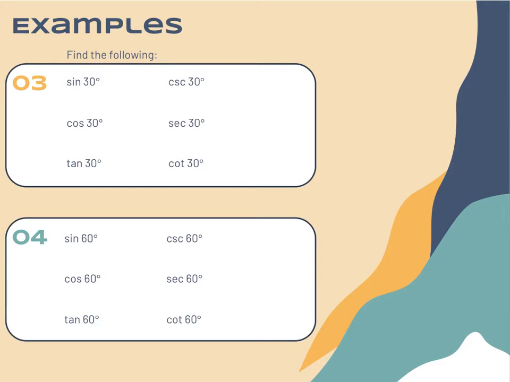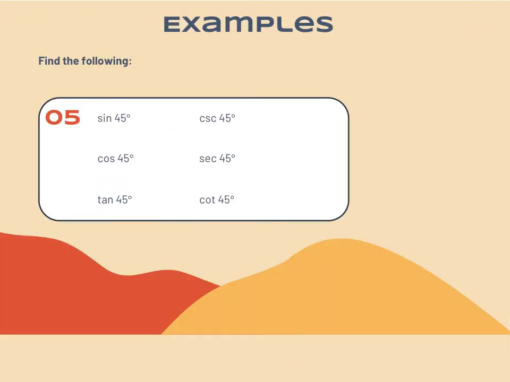This was from the 30, 60, 90. And then we did the same thing for the 45, 45, 90. Remember on Friday, I told you to memorize that tangent and cotangent when you're asked to do this problem. If I say cotangent of 45, always remember it's a 1. Same thing here if it's tangent.